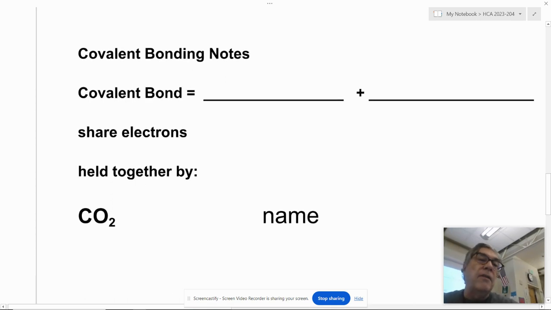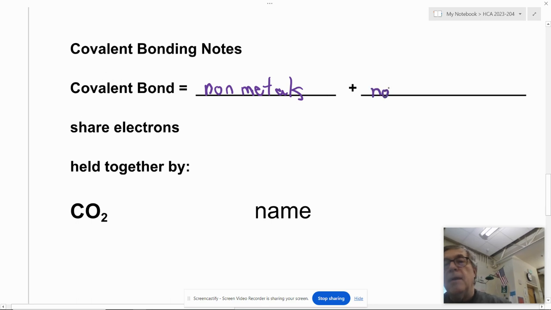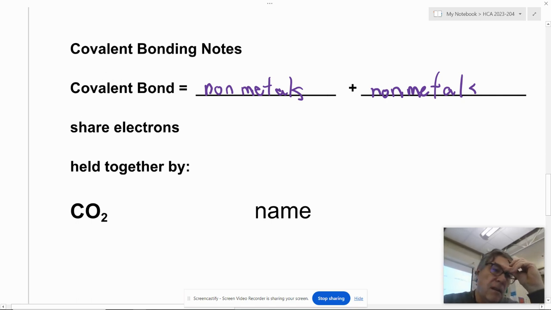You know there are several kinds of covalent bonds, but they all come between nonmetals and other nonmetals. These are always formed by sharing electrons. They're all formed by sharing electrons.